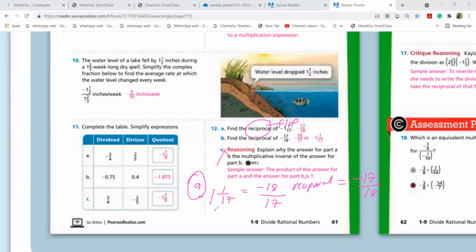This one is A. What I did is A. The B is again the reciprocal of minus 17 over 18. Done? Yeah.